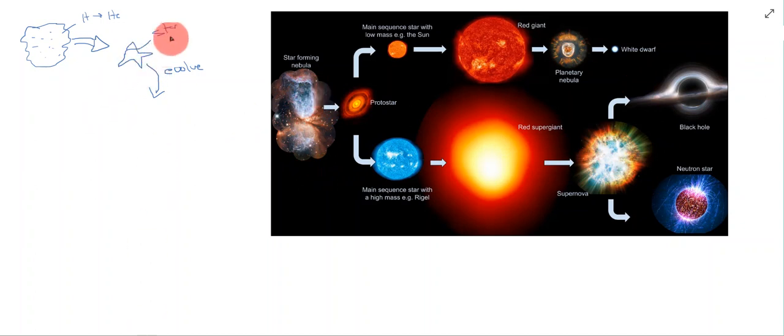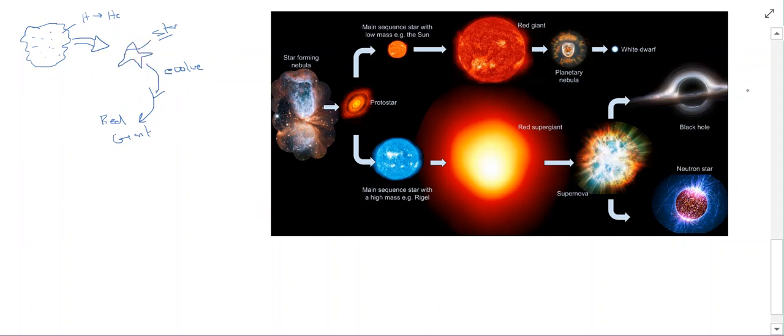So generally, our main sequence star will evolve into what's known as a red giant. Now, as the star is evolving into this, it's actually manufacturing new elements within its core.